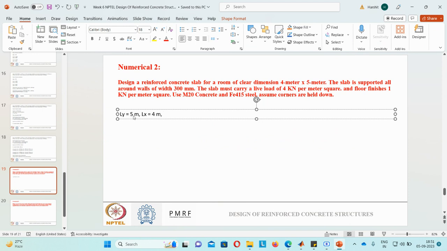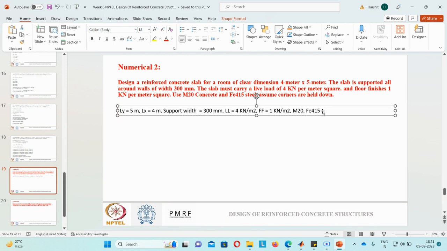Support width is 300 mm and it is supported on all the sides. Live load is 4 kilonewton per meter square. Floor finish load is 1 kilonewton per meter square. M20 grade concrete and Fe 415 grade steel we are using. So these are the conditions that are given to us.